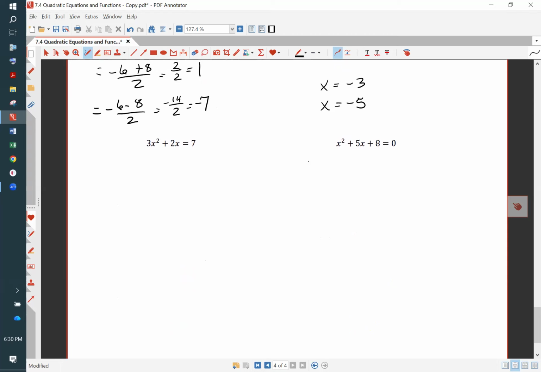But let's see here. X is equal to -5 plus or minus the square root of 5 squared minus 4 times 1 times 8, over 2 times 1.